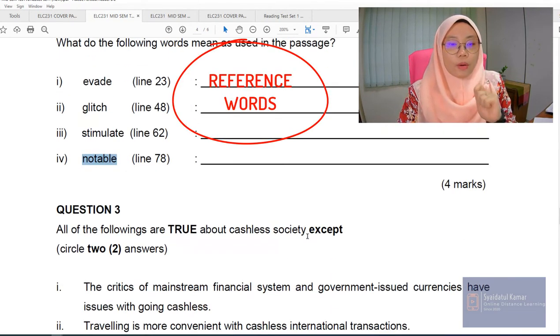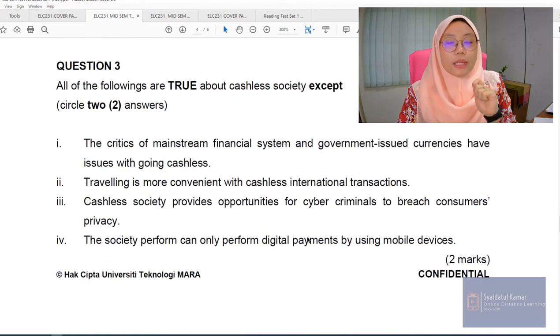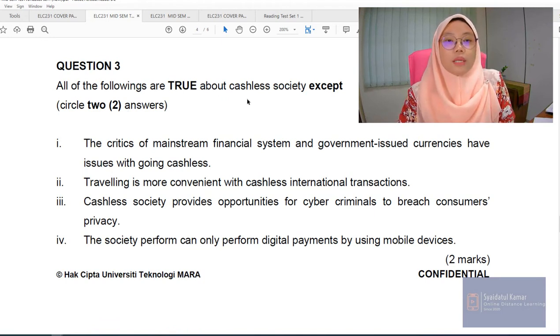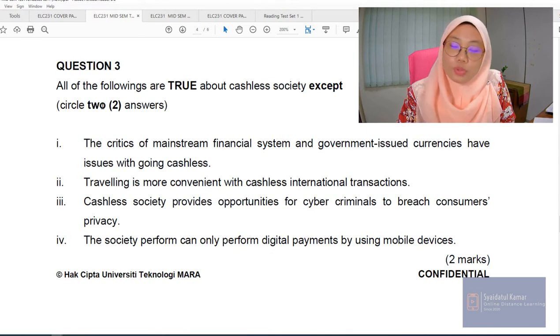Okay? Alright, next. Take a look at question number 3. Question number 3 asks you which of the following statements is not true. It says here, all of the following are true except for, so you have to choose 2 answers. So it's either 1, 2, 3 or 4.